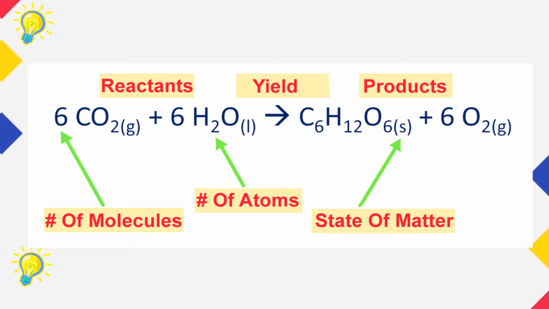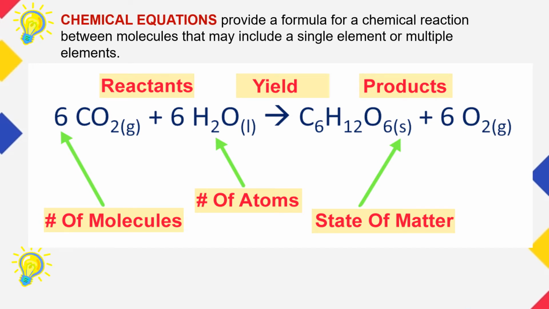Before we go through the procedure, let's dissect a chemical equation and get a bit more familiar with its various components. Chemical equations provide a formula for a chemical reaction between molecules that may include a single element or multiple elements. These equations are neatly packed and presented arrangements of chemical symbols and numbers to describe a chemical reaction. A chemical equation can be grouped into two parts, the reactant and the product.